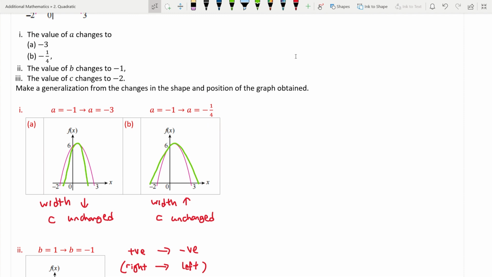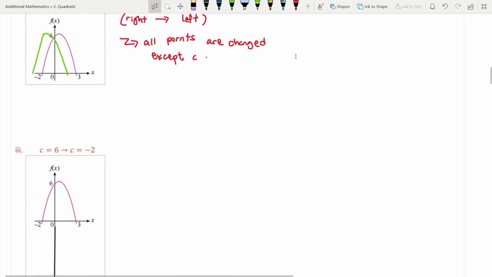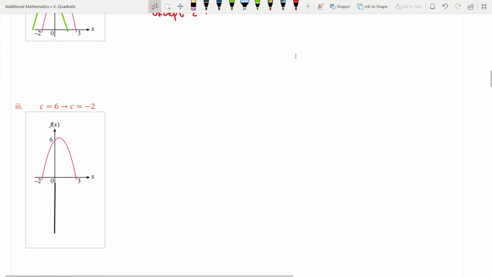The third case, when the value of c changes to negative 2. The original y-intercept is 6, and now our y-intercept becomes -2.